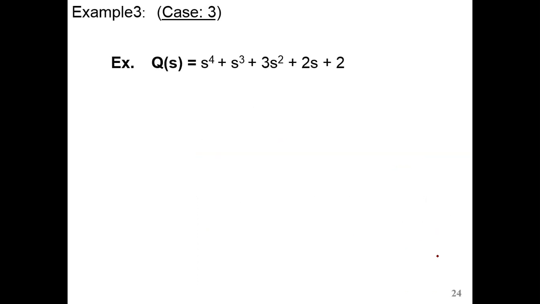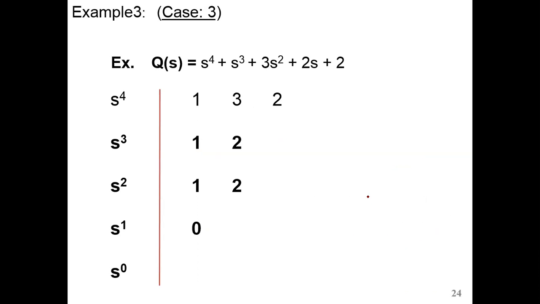Another example. After drawing the 1 from here, 1, this one is from here, 3, 2, and this 2 is from here, and then making the Routh table for these terms equal to minus 1, 1, 3, 1 and 2.